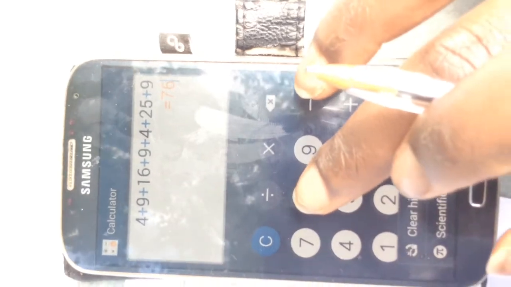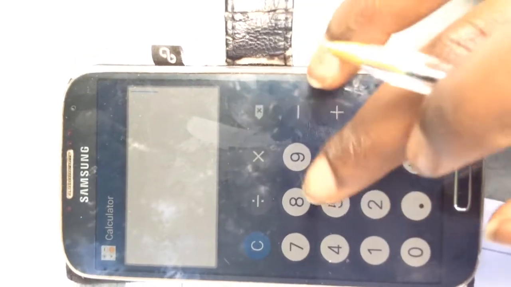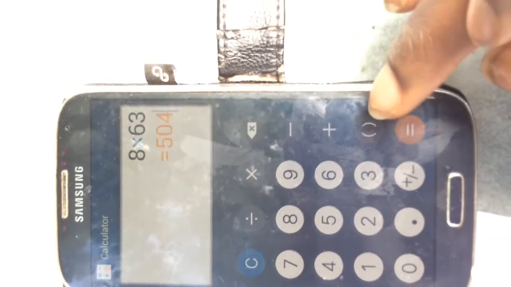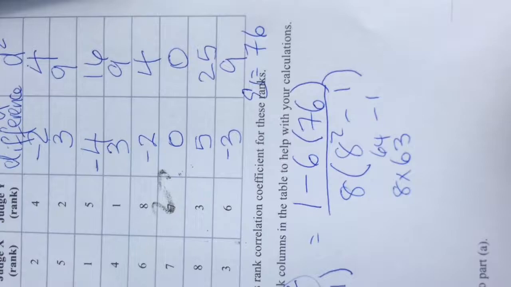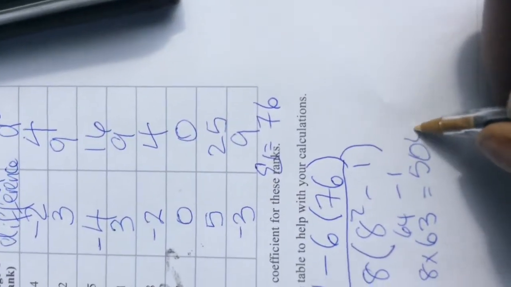So now we need 8 times 63. Again, we go on the calculator. We do 8 times 63. We get 504. So equals 504.